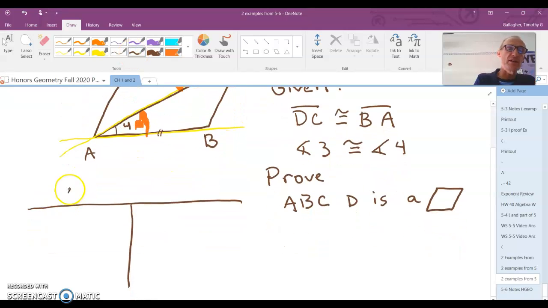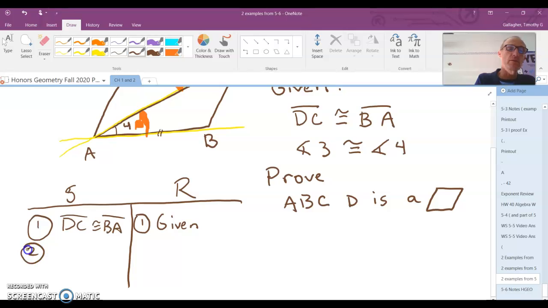So let's lay this out: statements here and reasons here. We have DC and BA are congruent. That's given. Then angle 4 is congruent to angle 3. That's given.